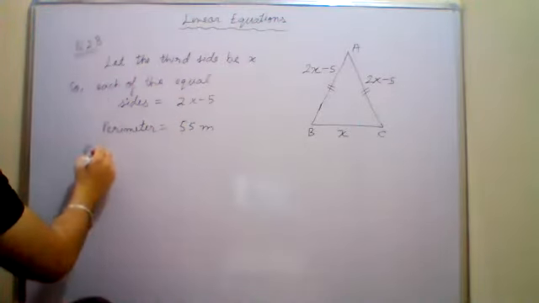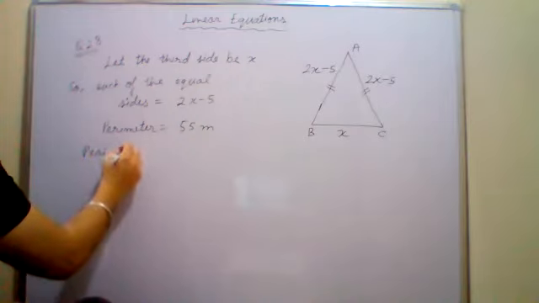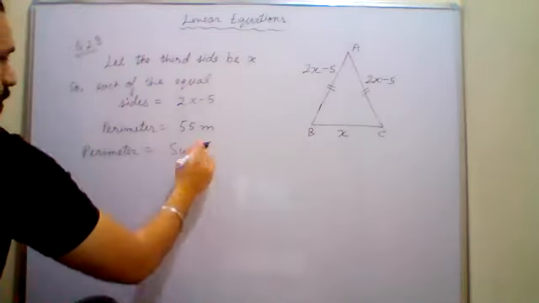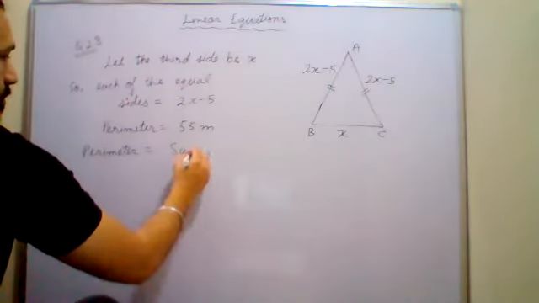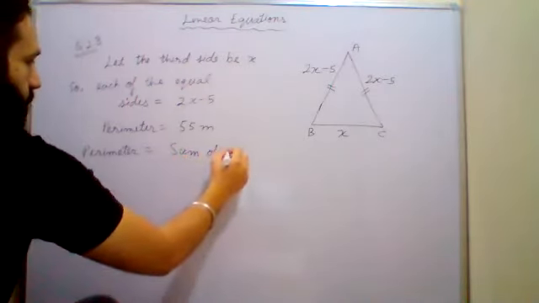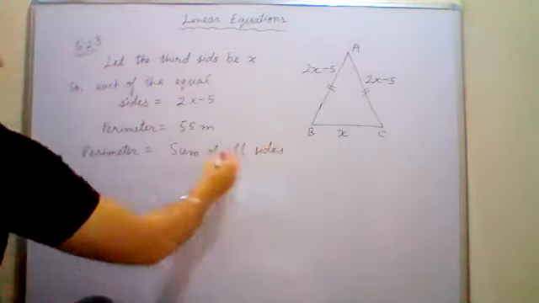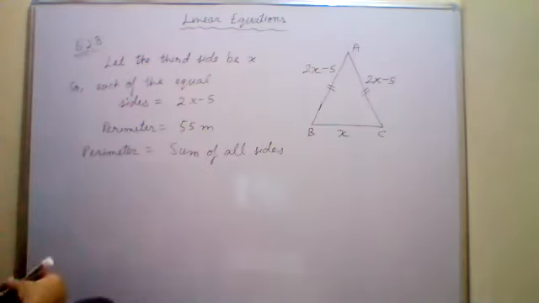And we know the formula of perimeter of a triangle is equal to the sum of all sides. Not only in a triangle, in any polygon.